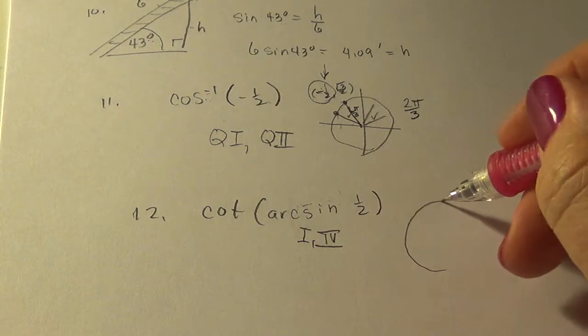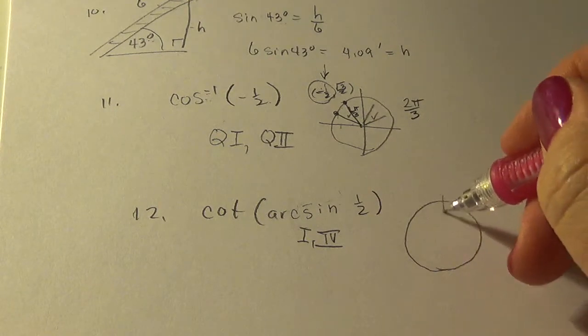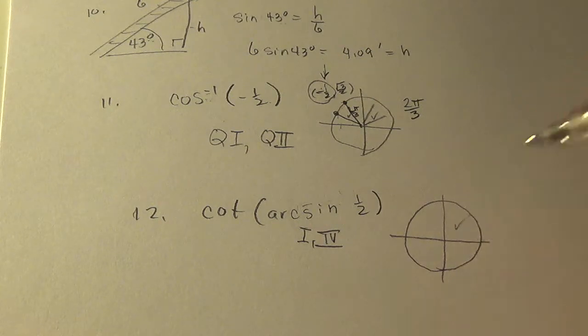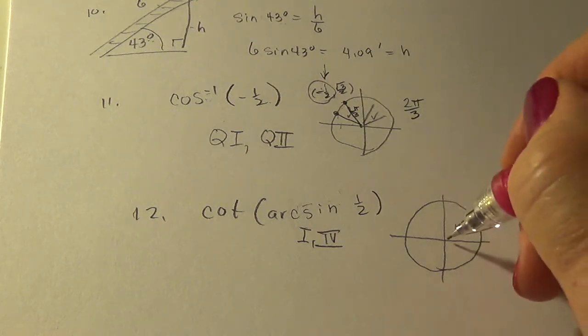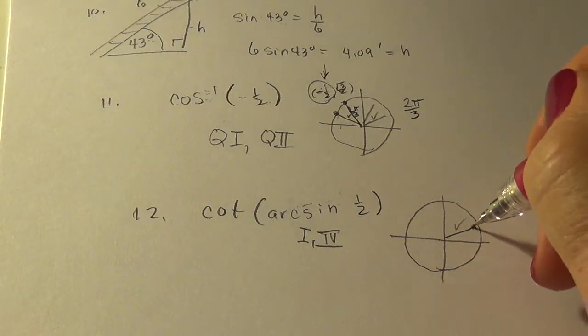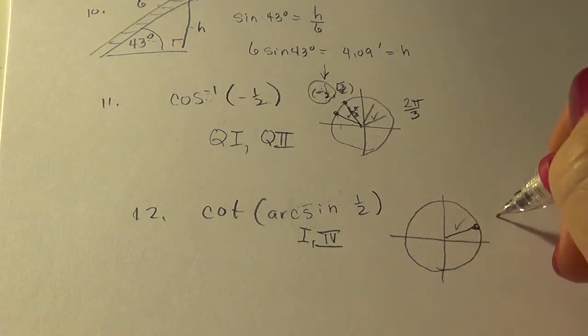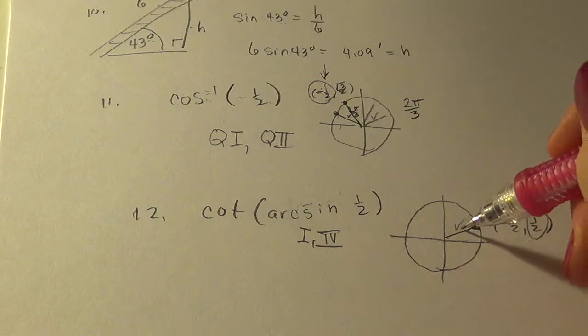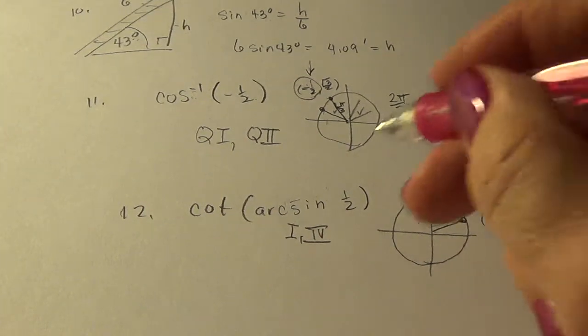So it's positive, so I'm expecting it to be in the first. So this one. And let's look here. We go over the square root of 3 over 2 and up 1/2. Sine is the second. So there we found it. That value is pi over 6.